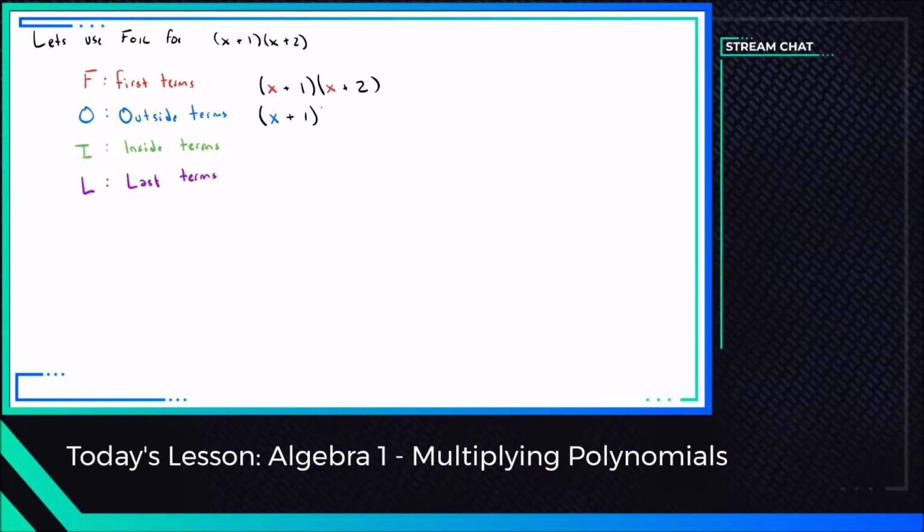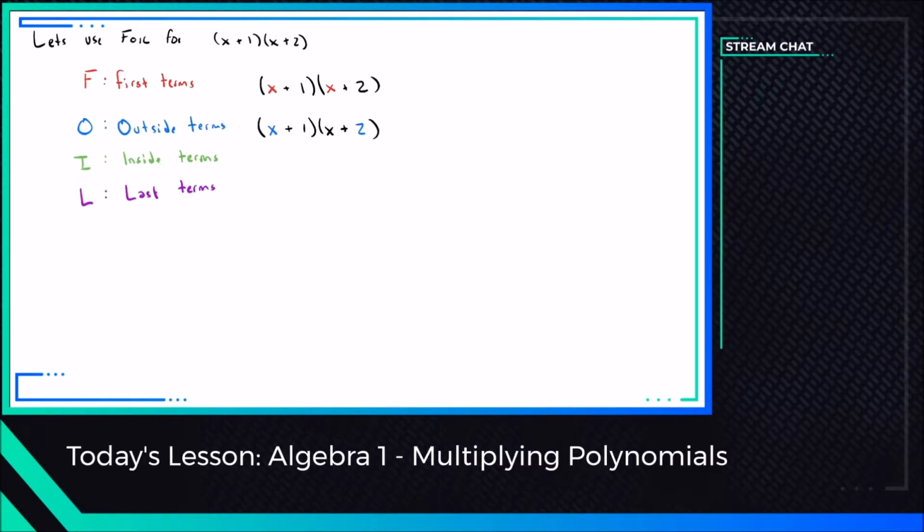And then you're going to have an x, and your furthest on the right is going to be that plus 2. And I'm actually going to space this out just a little bit here. There we go. So we have plenty of room there.